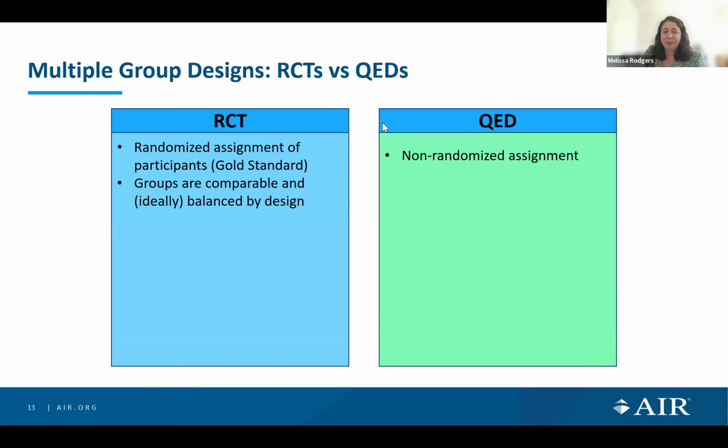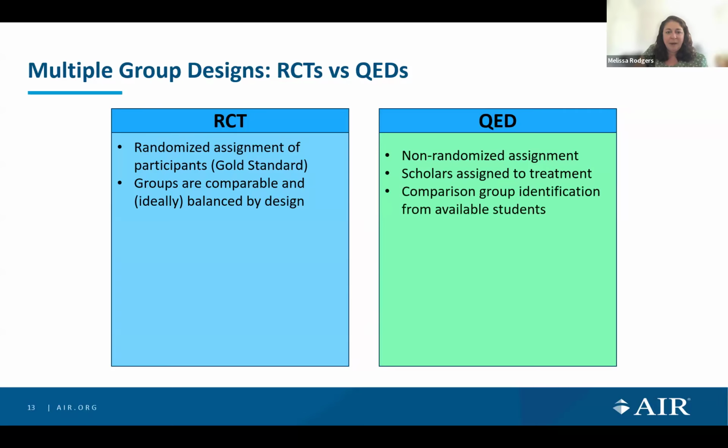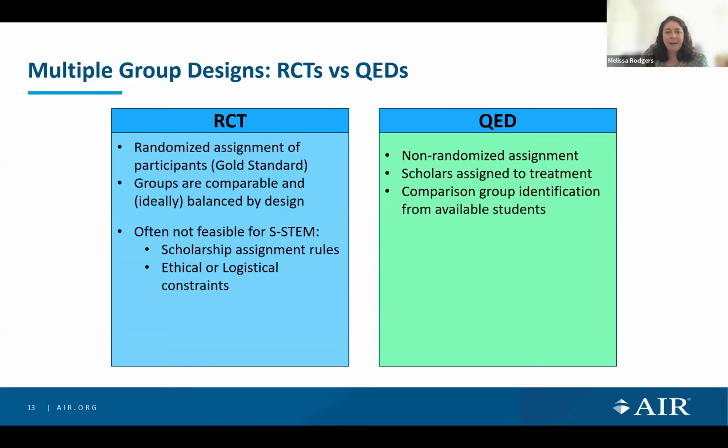QEDs do not randomize participants. So for S-STEM projects, scholars are assigned to the intervention group, and a comparison group needs to be identified by other available non-scholar students. RCTs are really often not feasible for S-STEM projects due to the way in which scholarships are assigned, the rules related to those assignments, and they basically typically preclude a level of random assignment altogether.